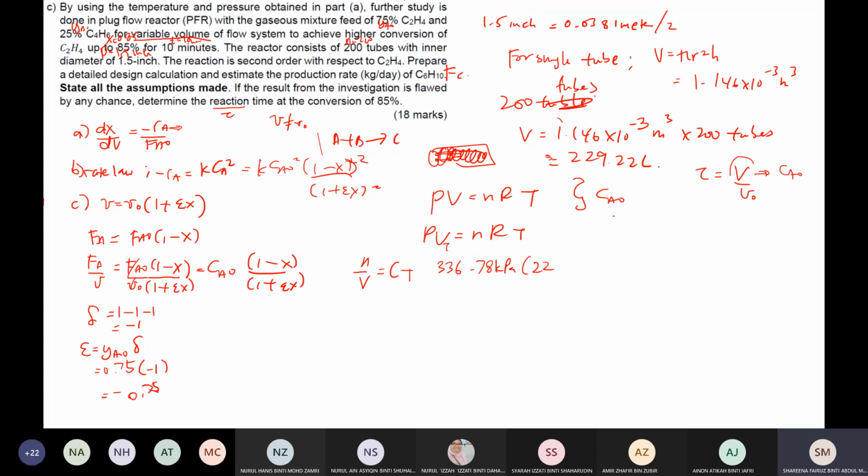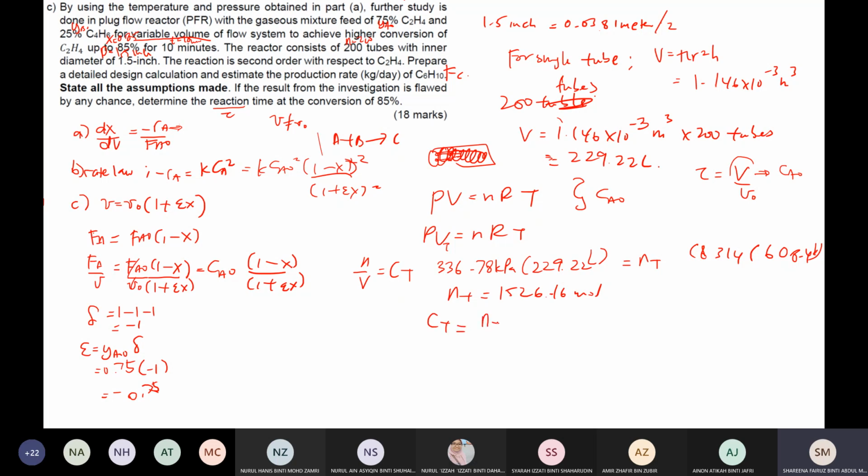So this one times with the 229.22 liter daripada sini, is equals to NT, total tak tahu, 8.314 times with the 608.4 temperature. So and total is around 1526.16 mol. Daripada situ you akan dapat what is CT.